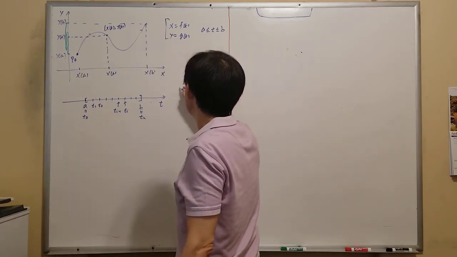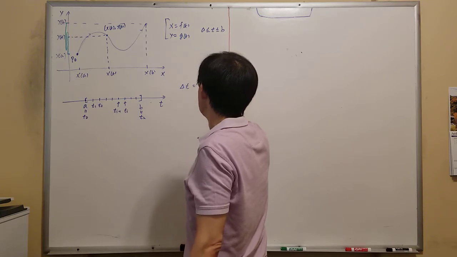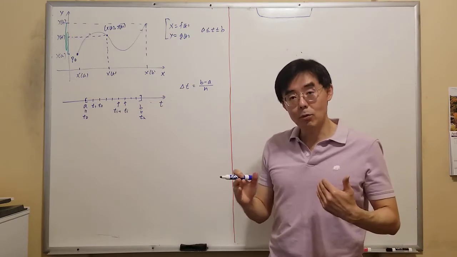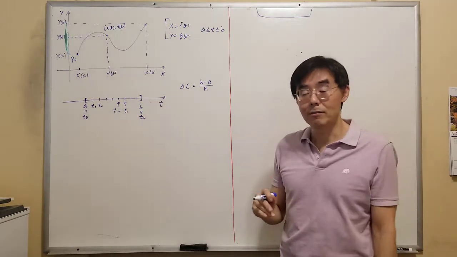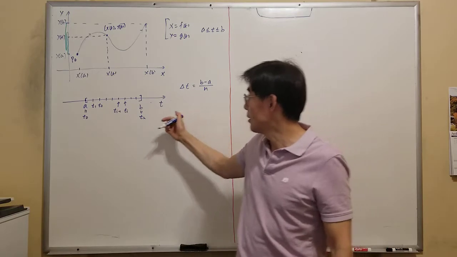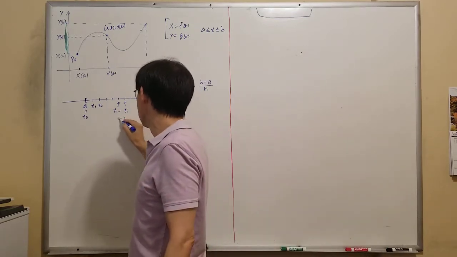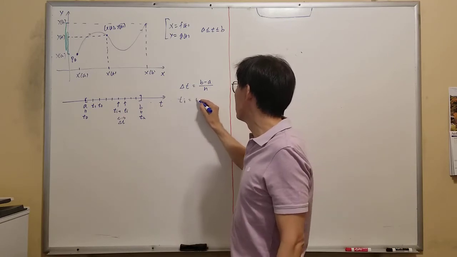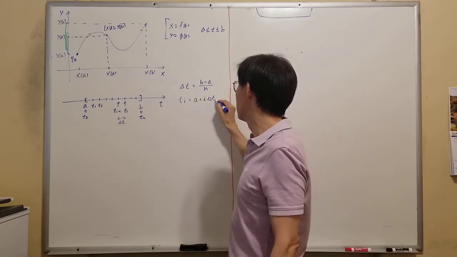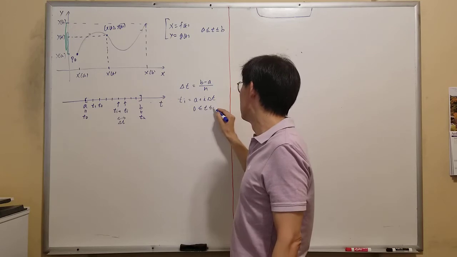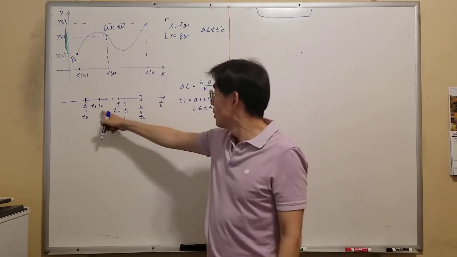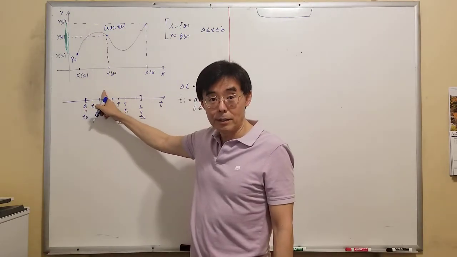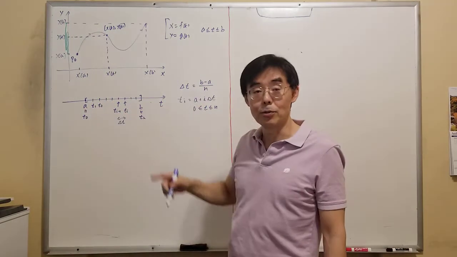As usual, delta t is the size of each subinterval, since we divide the interval from a to b equally into n subintervals, and t_i is a plus i times delta t. So from a, 1 delta t, 2 delta t, 3 delta t, and so forth.